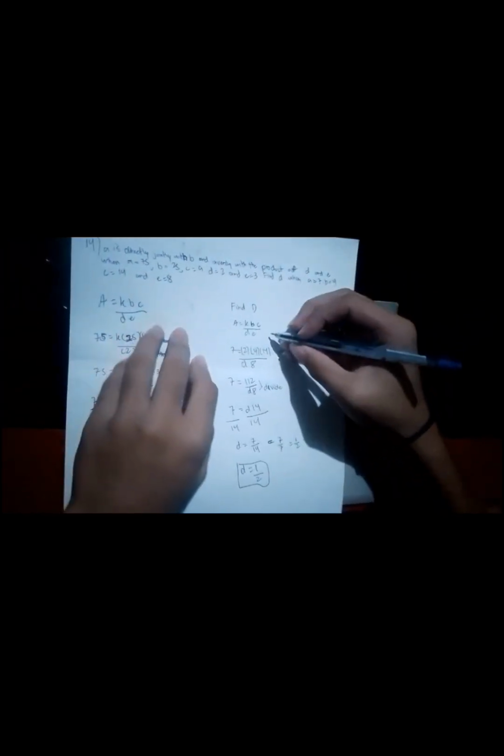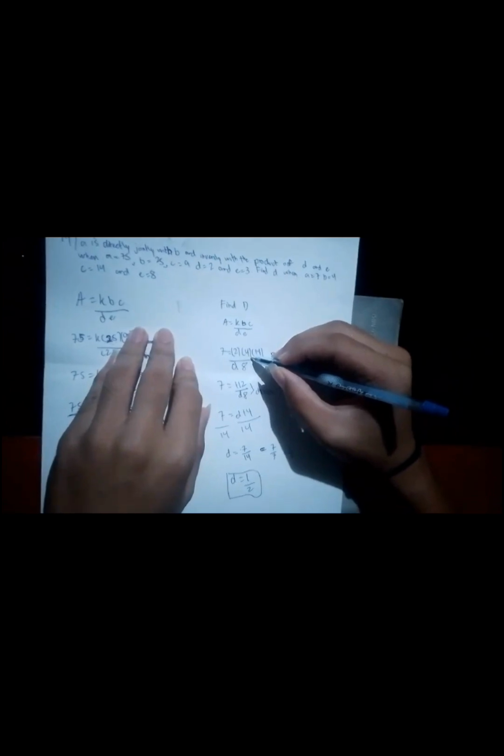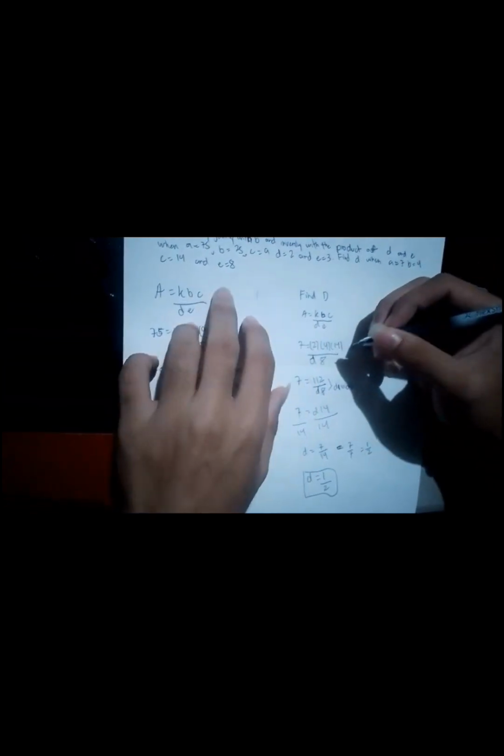K equals 2. Then to find D, the formula is A equals KBC over DE. So our A here is 7. We already know K, which is 2. And B is 4 and C is 14, and D is what we are looking for, and E is 8.